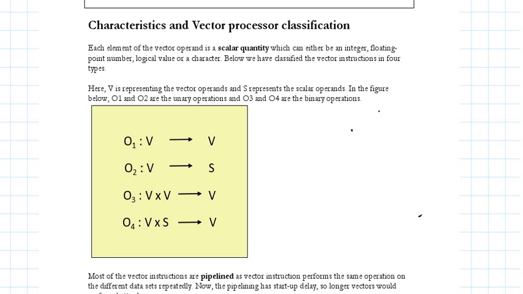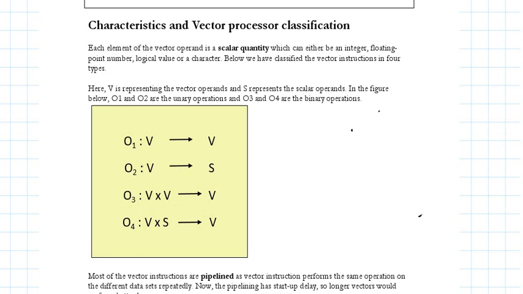If you look into the operations, O1 and O2 are actually unary operations. O3 and O4 are binary operations. Why? Because in O1 and O2, you have single operands. But if you look into O3 and O4, you have 2 operands. They are binary operations. So, vector processors can be classified in these categories.